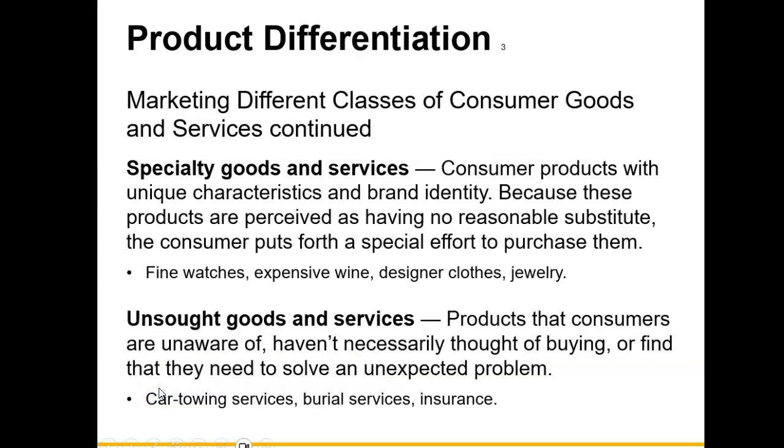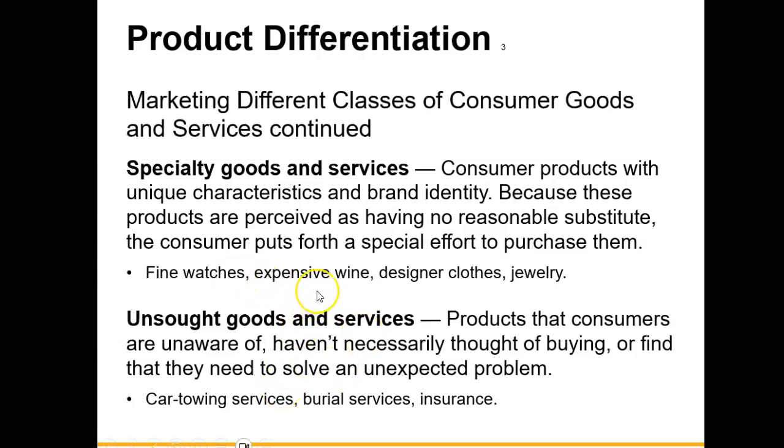Okay. Next up, we have specialty goods and services. When you think about specialty goods, these have unique characteristics and brand identity. So it could be fine watches. Rolex has unique characteristics and identity as being a well sought after watch manufacturer.